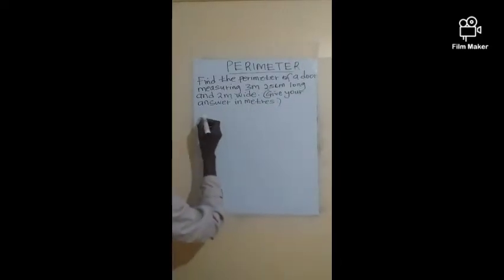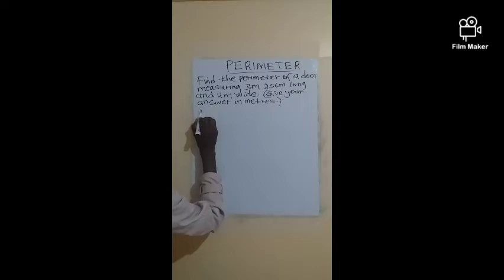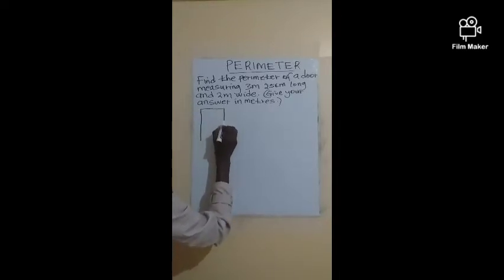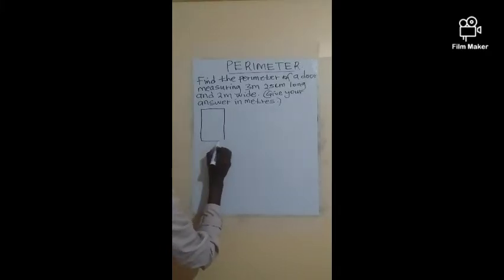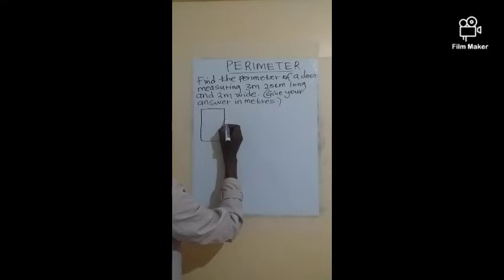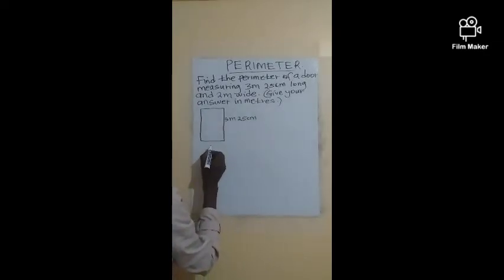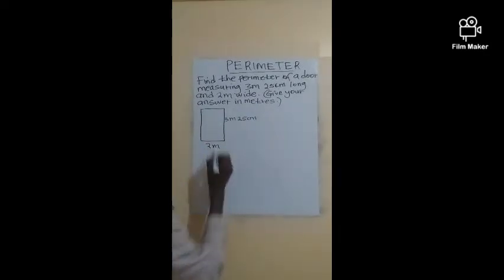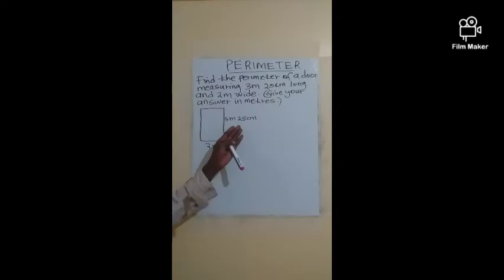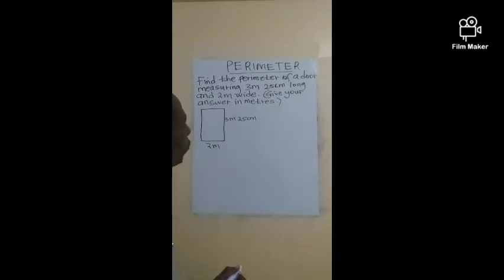So this is our door. Our length is the long one. Now from our figure, our length has 2 units.